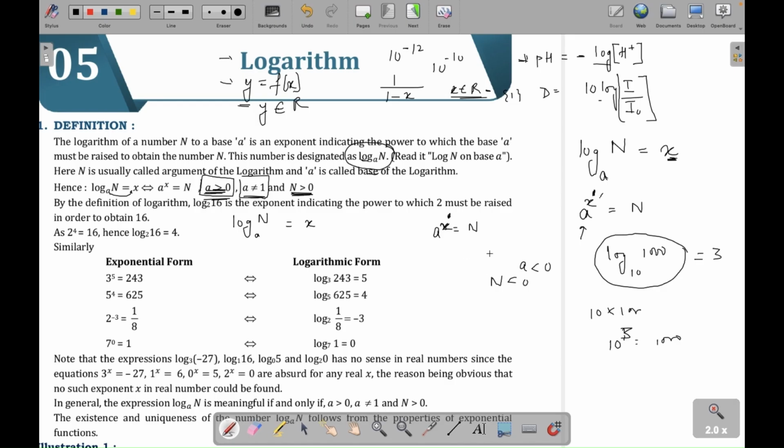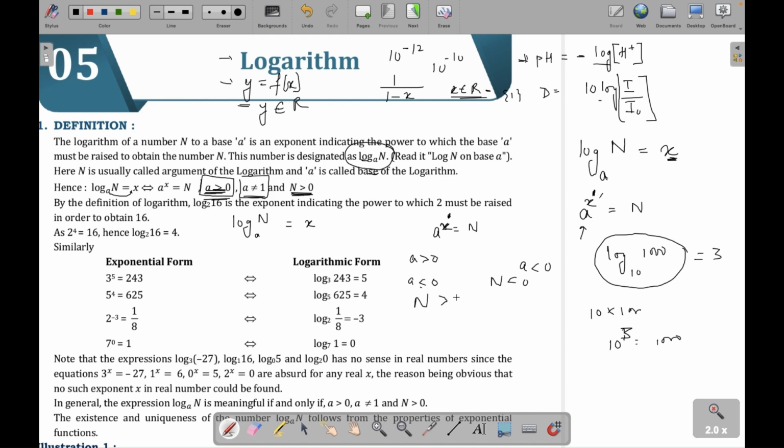So we can prove that a should always be greater than 0. A should not be less than or equal to 0. When a is 0, there is only one possible solution, which is n should also be 0, so that is why we exclude that. Then if a is greater than 0, any power of a should also be greater than 0, which is equal to n. So n should also be greater than 0.